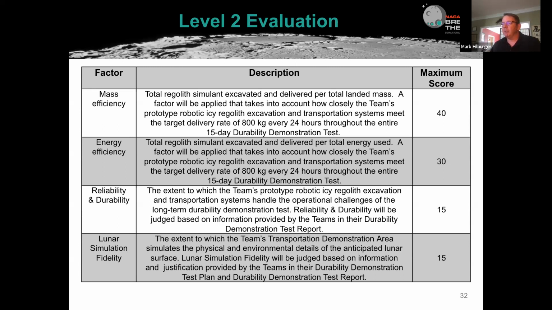We understand that people are going to have different available resources and locations, and so the hope here is that folks will be able to describe and justify the development of their surface and how well it simulates the lunar environment. And final max score there is 15 points as well.